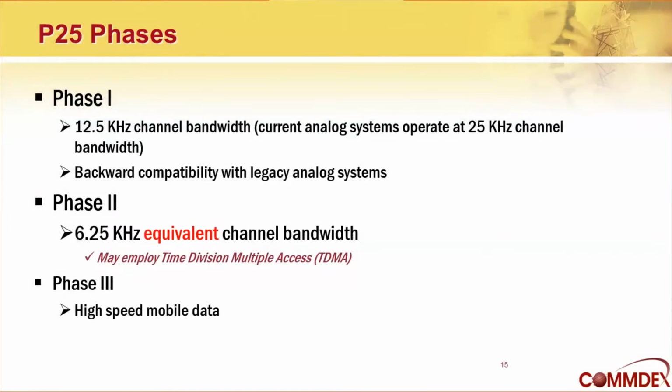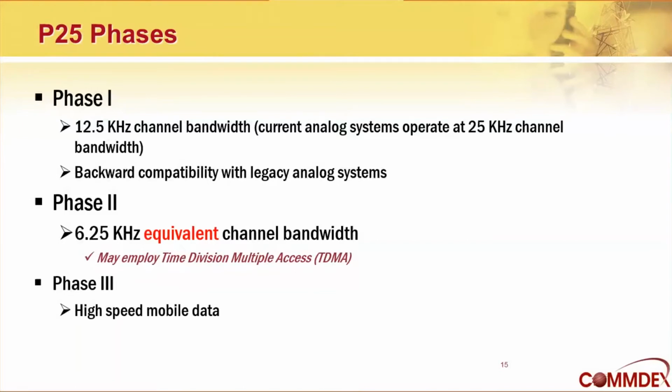And as we mentioned, the first one that came out, it wasn't called phase one when it first came out, but it is now known as phase one. The standard called for a 12.5 kilohertz bandwidth and interoperability with analog systems that were operating at 25 kilohertz bandwidth. So it had to have backward compatibility.